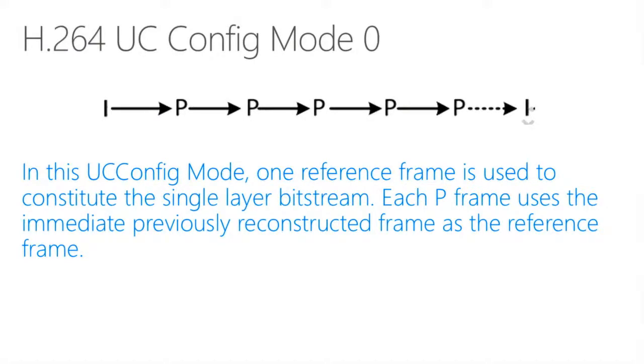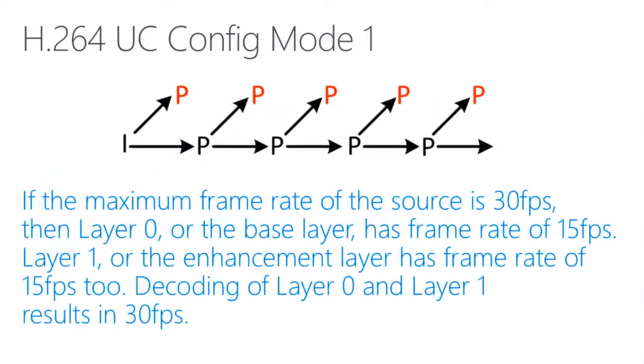The interesting part is mode 1, where we add a second layer of P frames called, surprisingly, layer 1, which is an enhancement layer. So the idea is that those P frames give you an additional layer of video encoding over the base layer that allows you to improve the frame rate.